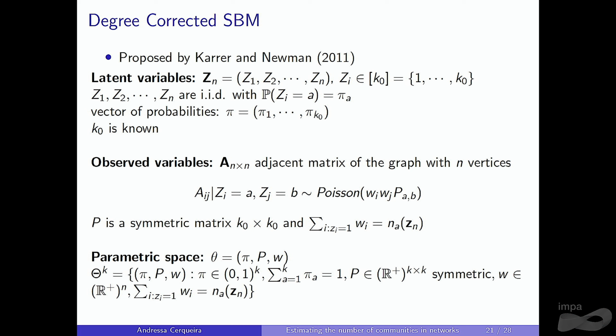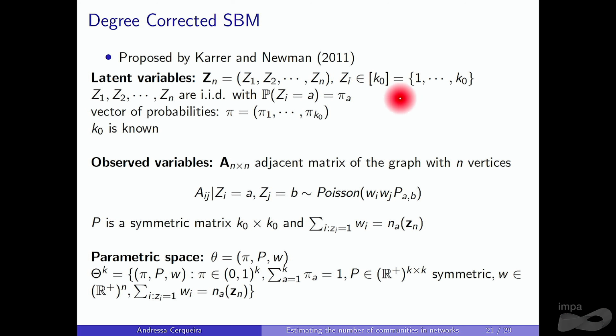Okay, all of these things we have for the SBM. But Keith told us last week that SBM is not interesting if you're going to analyze real networks, right? Because the expected degree is the same for all the nodes. So they proposed what they call degree-corrected stochastic block models, in such a way that they try to have different degrees for the nodes.